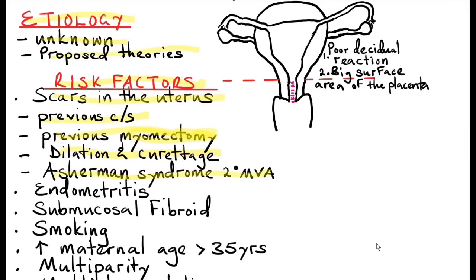Asherman syndrome secondary to overzealous manual vacuum aspiration. So, let's say a patient had previous histories of incomplete abortions, and they tell you in the history that they cleaned them up. So that is a manual vacuum aspiration. So what happens is you put a cannula in here. Let's say there's retained products of conception.